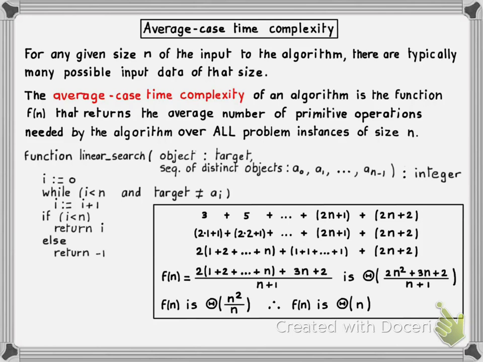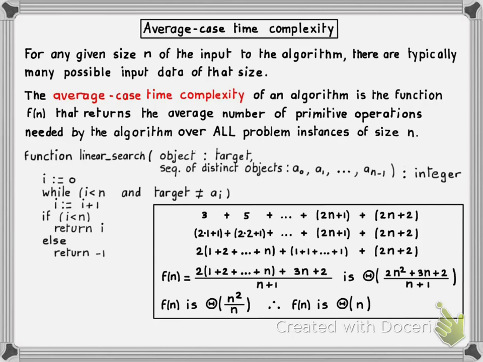And at least linear time is definitely in the right range. Now the other thing to observe is that actually the average time is closer to the worst case time. In fact, it's the same order, linear. So that is the complete average case time complexity analysis of the linear search algorithm.